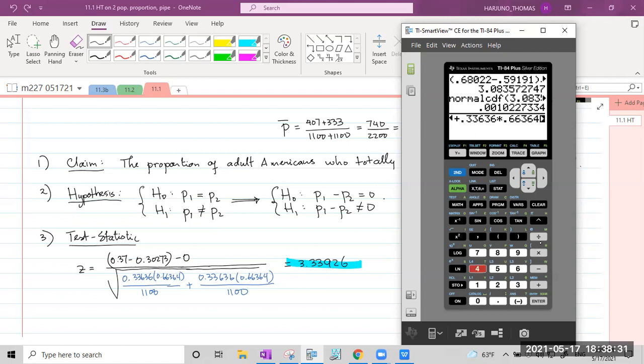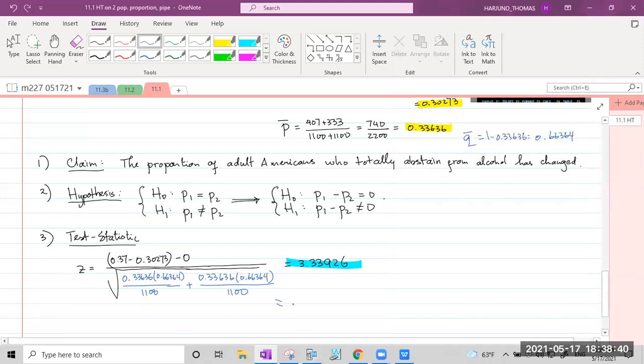If we actually compute this, that will be 3.33914. So you see we are off at the third decimal place because of that 5 decimal place rounding. Imagine if you only do 2 decimal places rounding, then your Z-score will be off by quite a big number. Okay, now that's the test statistic.